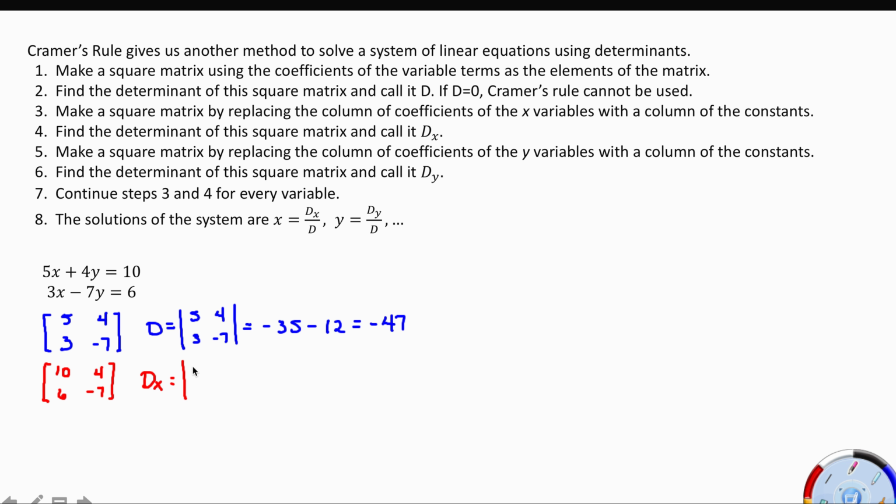So I'm going to find the value of the determinant for this matrix to be negative 70 minus 24, or negative 94.